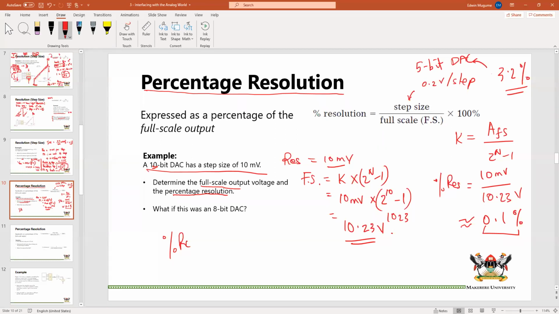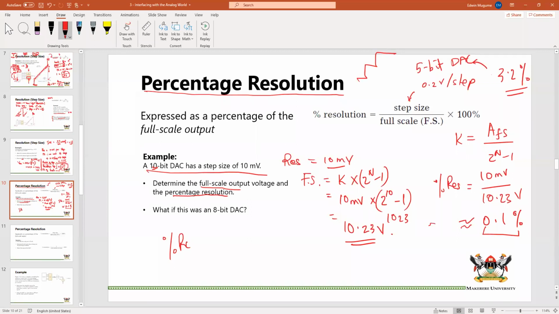So you could say that by increasing the number of bits, we are making our pseudo analog signal as close to pure analog as possible, as compared to this one, because this one has big jumps, whereas that one has small jumps and is almost similar to an analog signal.